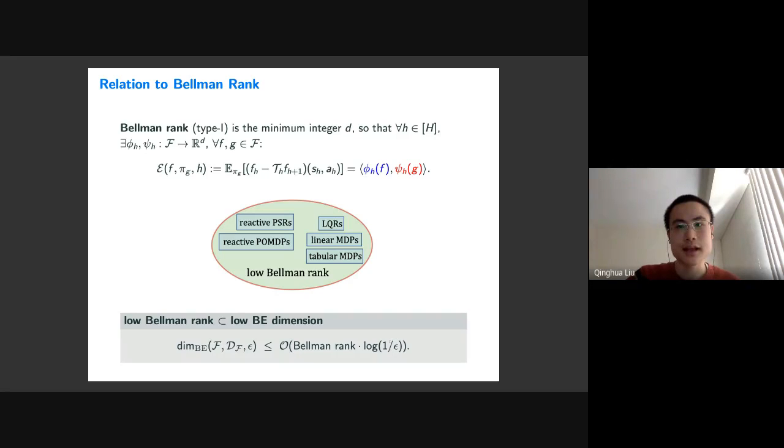This epsilon here is the same as the epsilon used in the definition of BE dimension. So this essentially says that up to some logarithmic factor, our BE dimension is always upper bounded by the Bellman rank. So any problem that has low Bellman rank should also have low BE dimension.